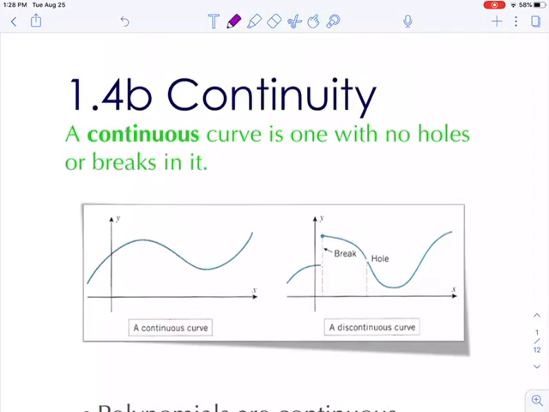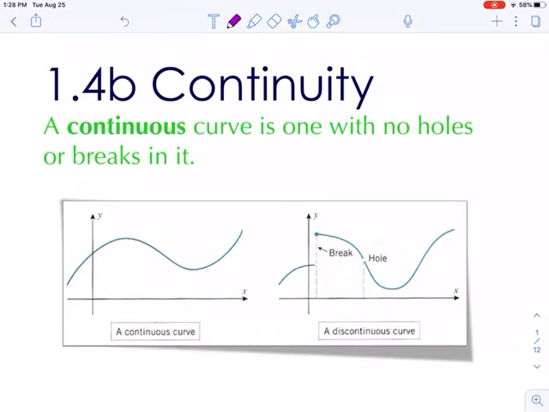So last night or this morning, whenever you finished it, you were supposed to go through that Desmos activity about continuity. So first of all, just pretty straightforward, a continuous curve is one with no holes or breaks in it. So you can see this curve is continuous because there are no holes or breaks.